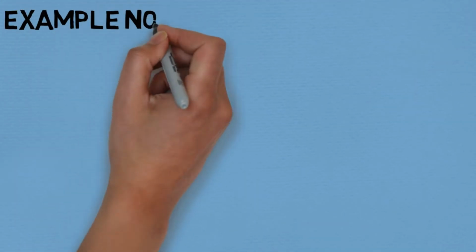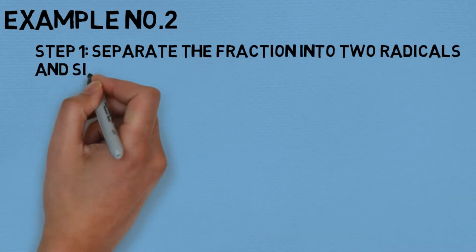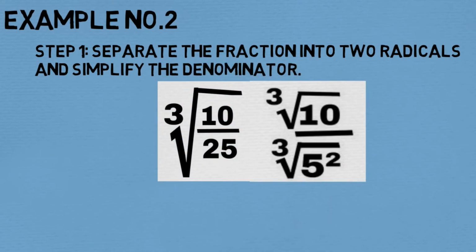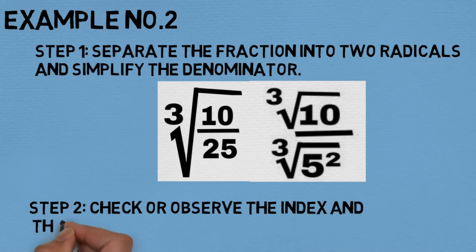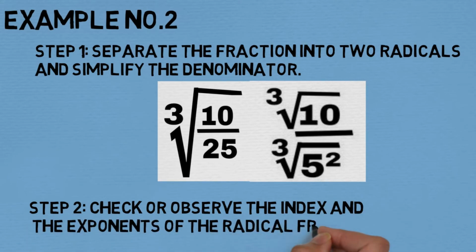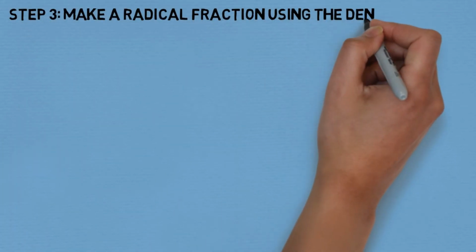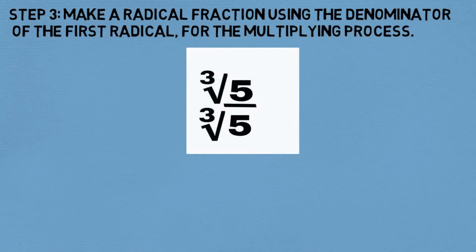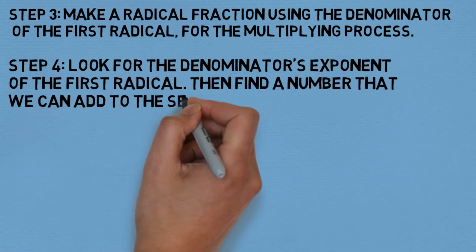Example number 2. Step 1. Separate the fraction into two radicals and simplify the denominator. Cube root of 10 over cube root of 5 squared. Step 2. Check or observe the index and the exponents of the radical fraction. Cube root of 5 squared. Step 3. Make a radical fraction using the denominator of the first radical for the multiplying process. Cube root of 5 over cube root of 5. Step 4. Look for the denominator's exponent of the first radical.